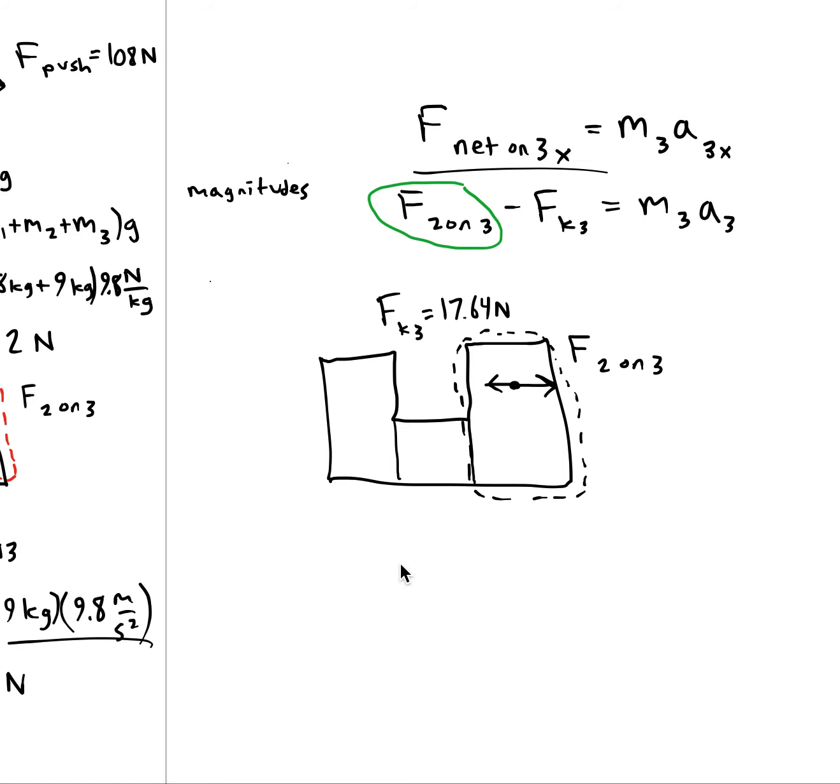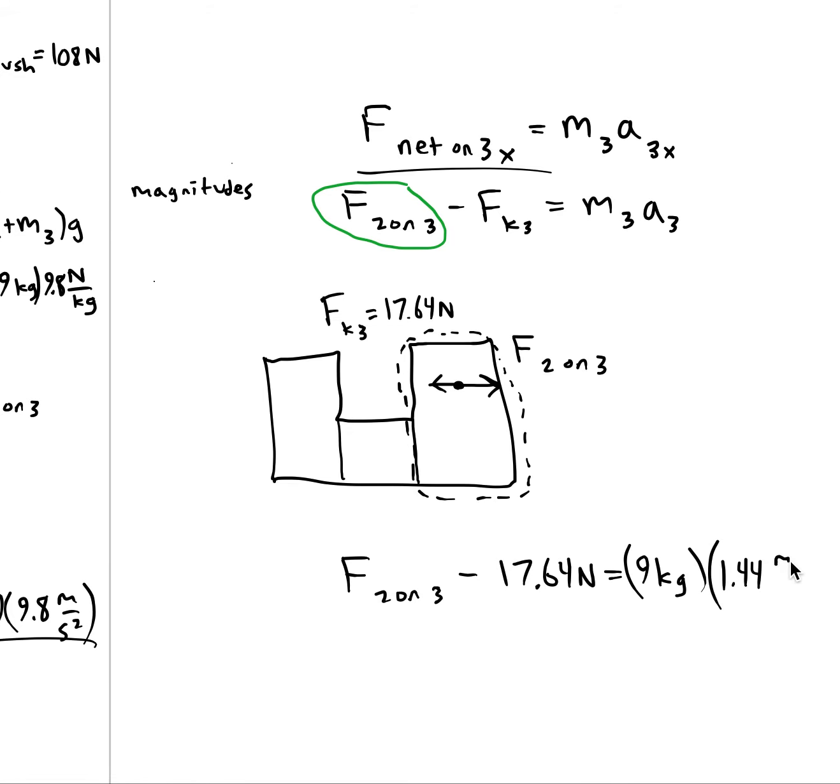Let's see. So let's do F2 on 3 minus 17.6 equals 9 kilograms times the acceleration, which we had calculated before, of 1.44 meters per second squared. Let's see what we get then for F2 on 3.